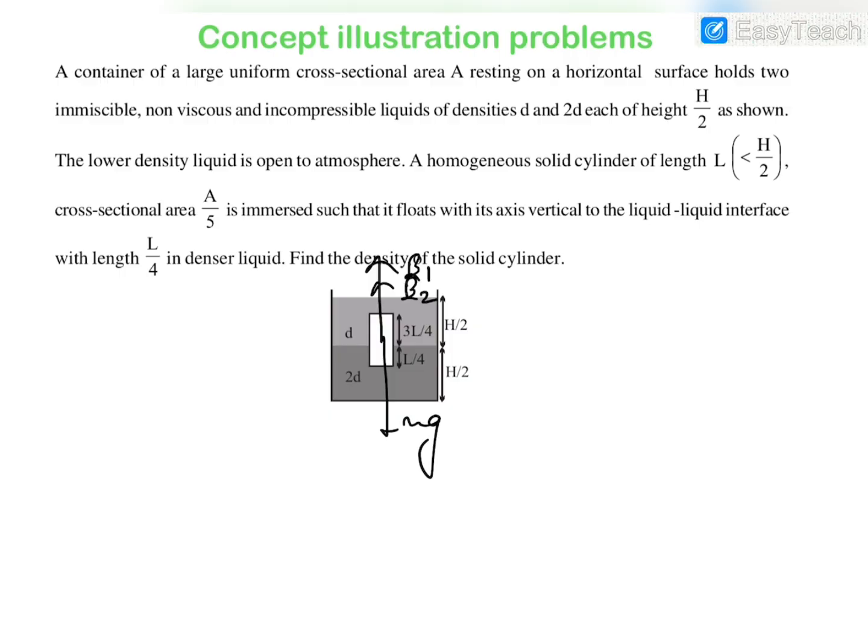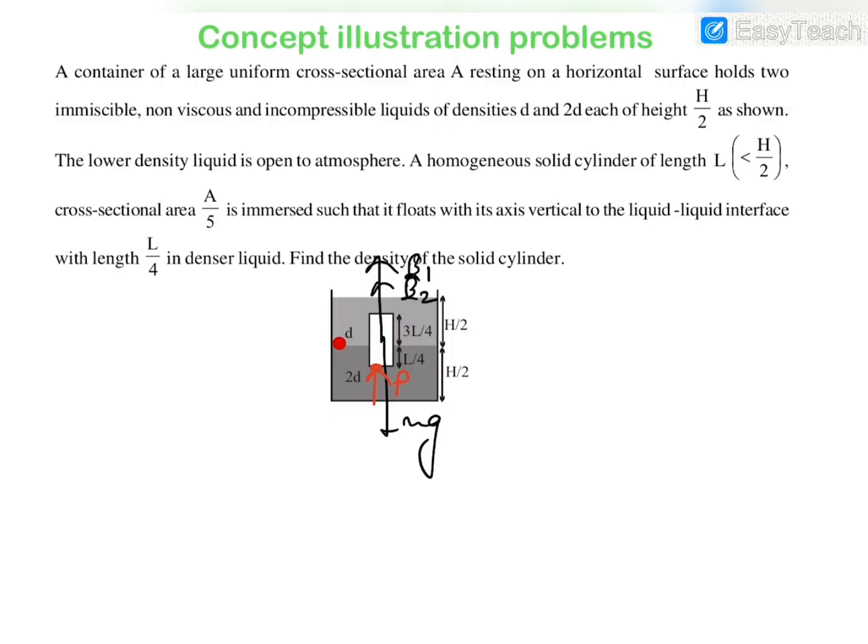Now by the second method, we can also say that if this liquid is filled above this liquid, then the pressure at this point, the point at the bottom, let's suppose it is P, will be due to this liquid also.